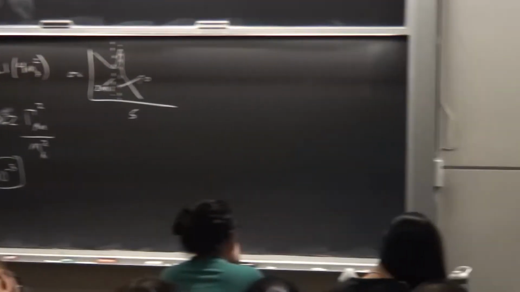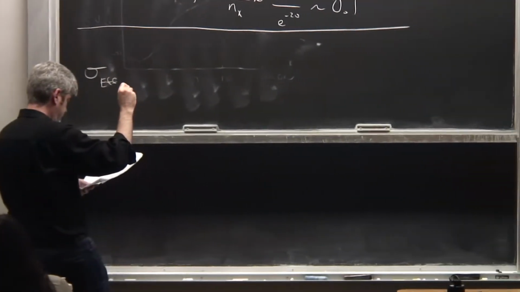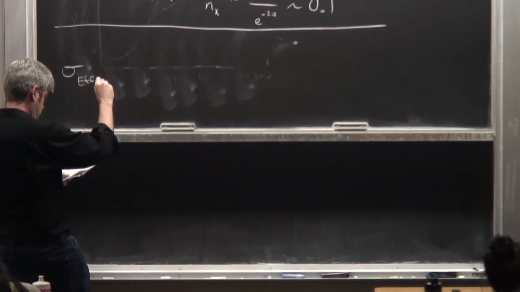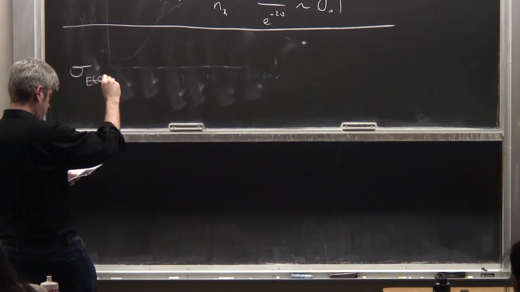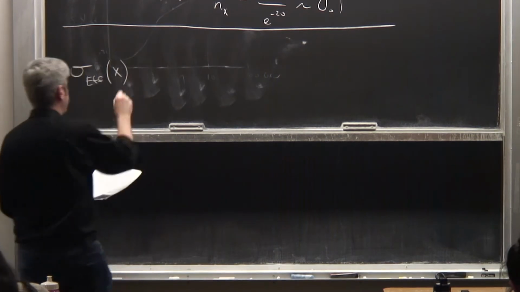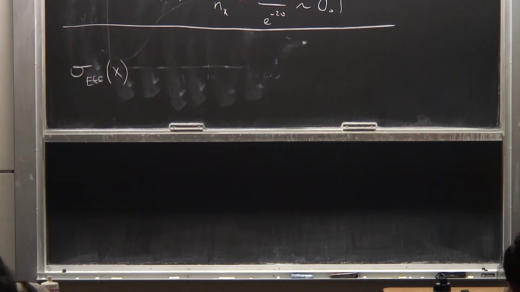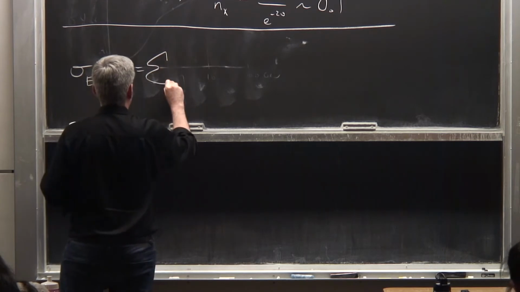So I can write down an effective cross section as a function of x, where x again is the mass over the temperature, for a series of co-annihilating states.